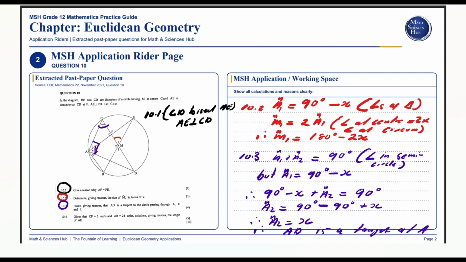This is the tan chord theorem: the angle between the tangent and the chord at the point of contact equals the angle in the alternate segment. So therefore we've proven that indeed AD is a tangent to the circle passing through points A, C, and F.